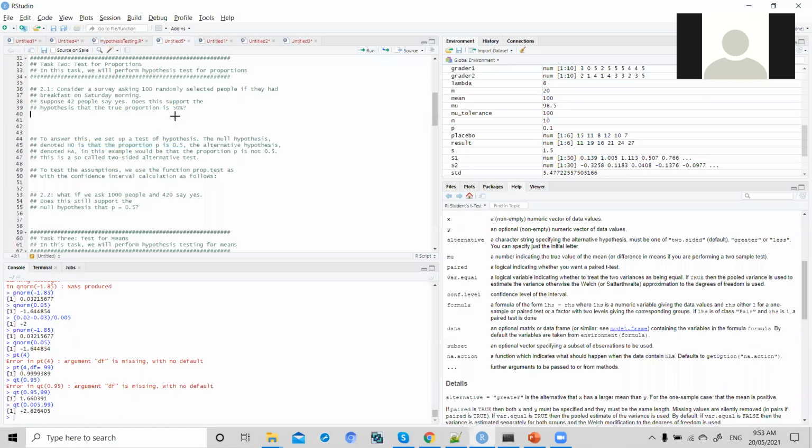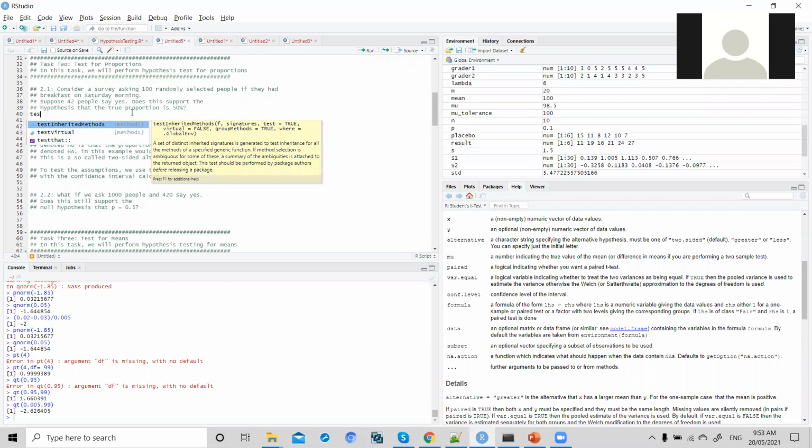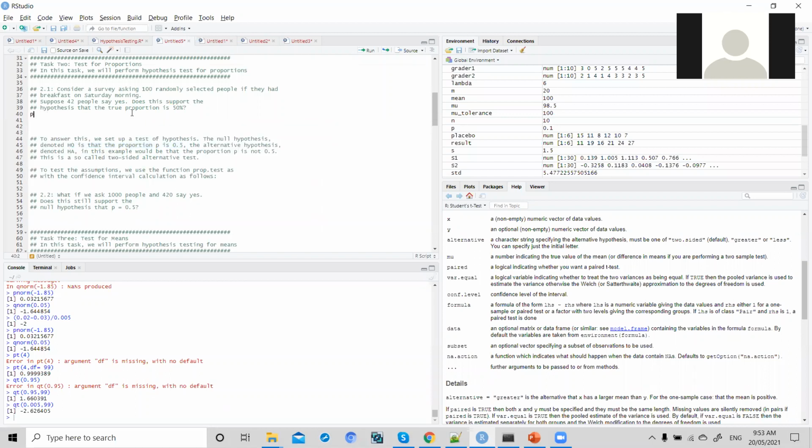To compute the test statistic for proportion, we use prop.test. If we do prop.test, here you can see x and p are given. Your x will be the 42 people who said yes out of 100 people.